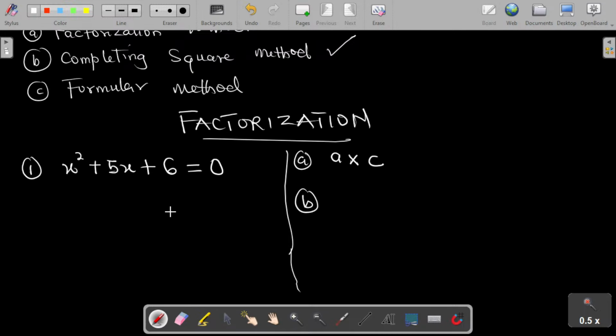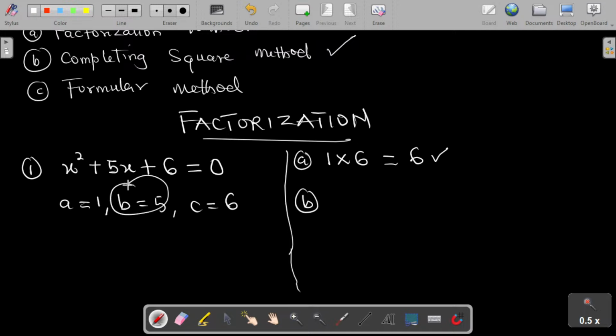So let me use this example to explain this. I think we have done this in class. So what you should do is pick your A in this example. Your A is 1. Your B is 5. And your C is 6. So pick your A and multiply it by your C. So you do 1 times 6, and that will give you 6. Then you will look for two numbers that you will multiply to get this 6, and when you add, you will get 5, which is your B. So what are those two numbers?